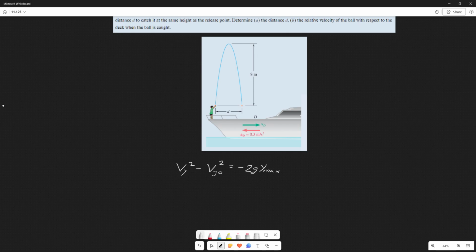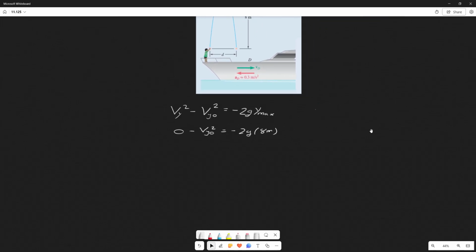In this particular problem, our y max is 8 meters. And when the ball reaches the apex of its arc, the y velocity is, by definition, 0. So we're left with 0 minus vy0 squared equals minus 2g times 8 meters.